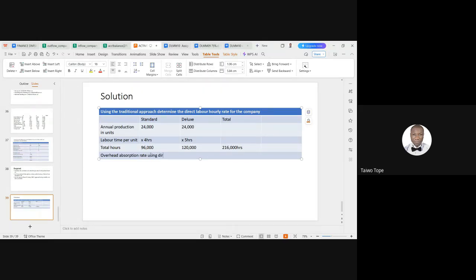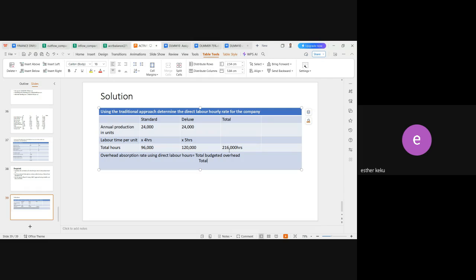Using direct labor hours. What is your formula? Total budgeted overhead, divided by total budgeted hours.